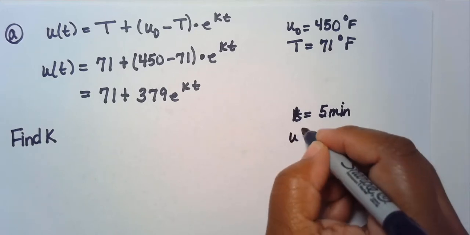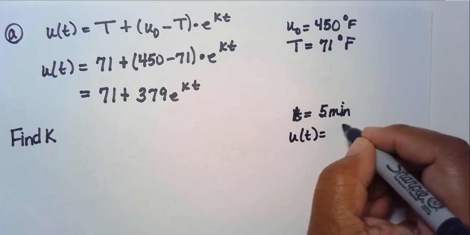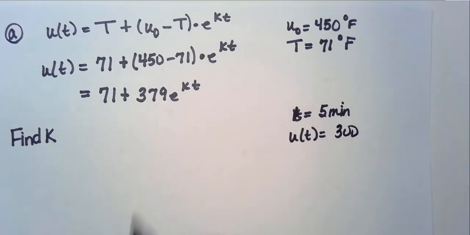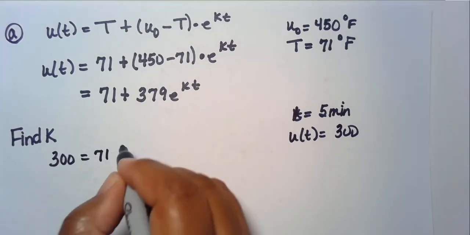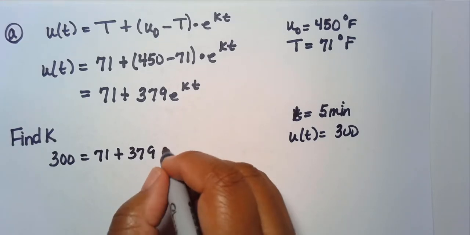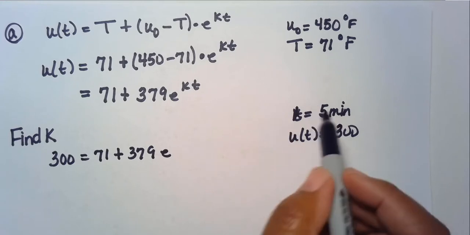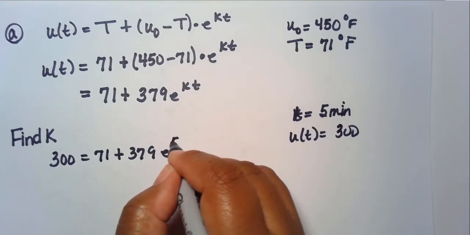So that would be our U of t. Let's plug it in so we can find k. So we have 300 is equal to 71 plus 379 times e to the k times 5, which we'll say 5k.